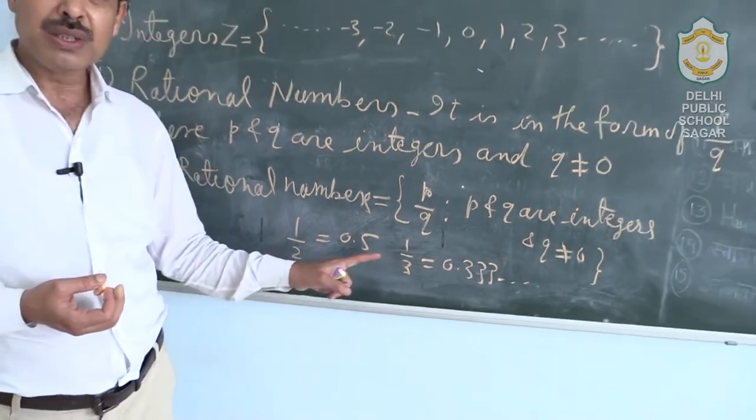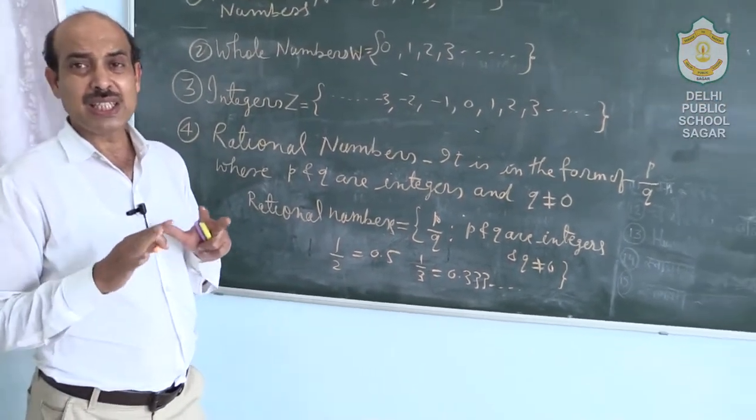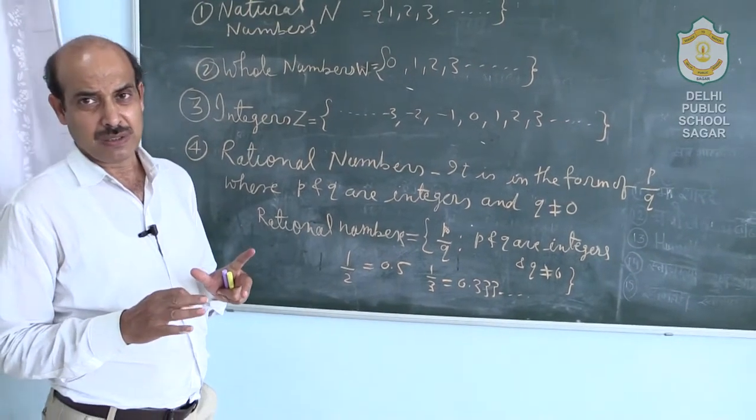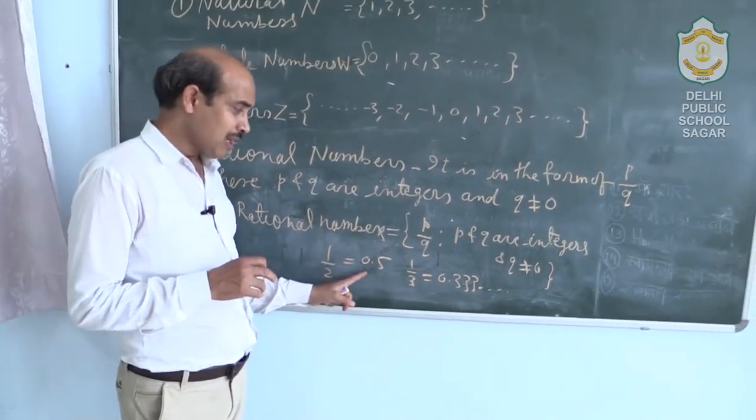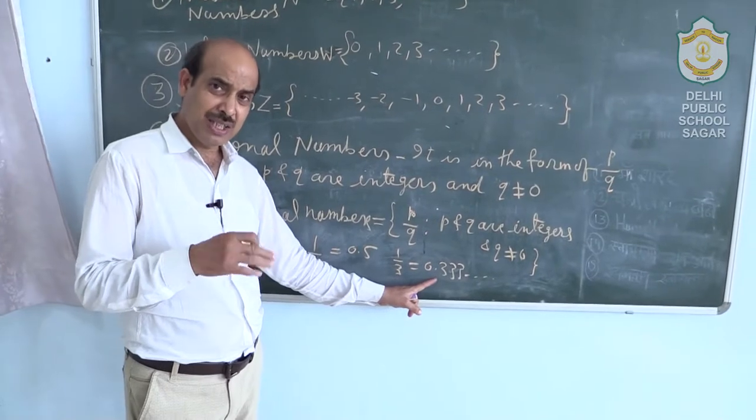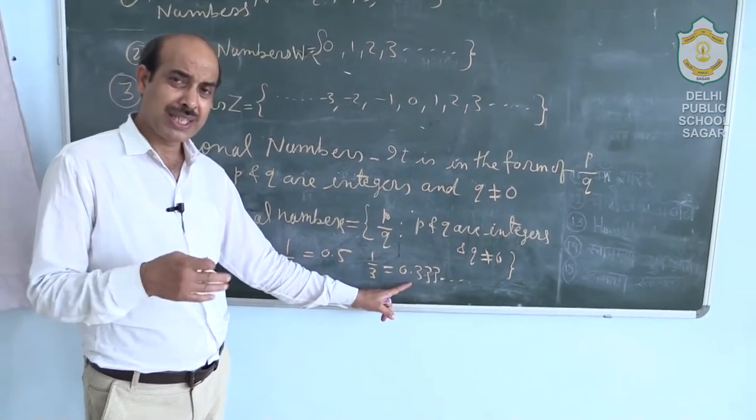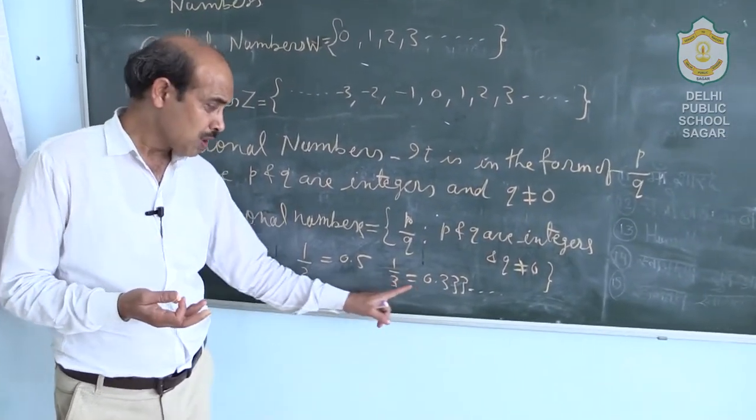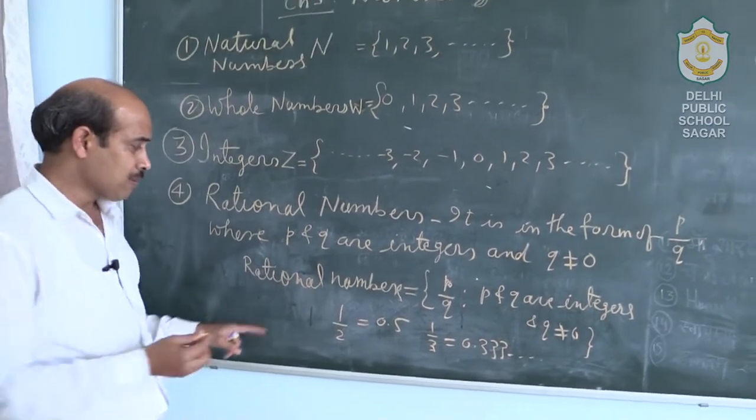So basically there are three types of decimal. One is terminating, another is non-terminating or recurring, these two for rational numbers.